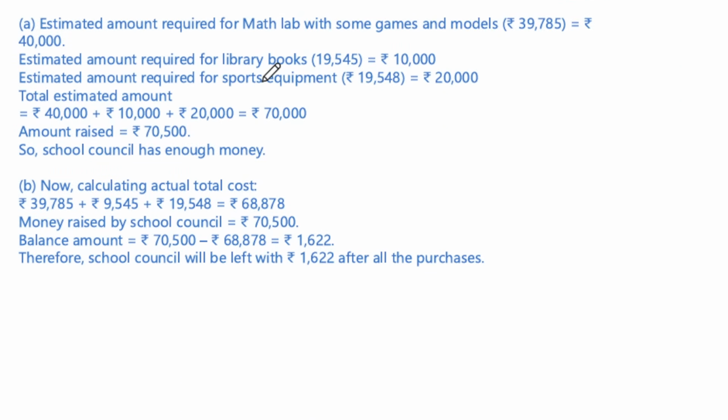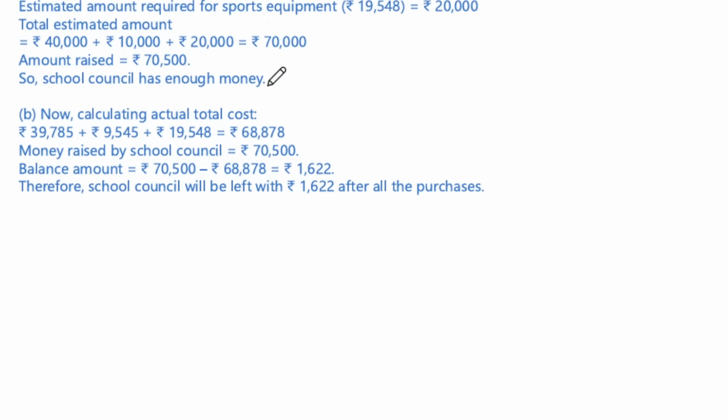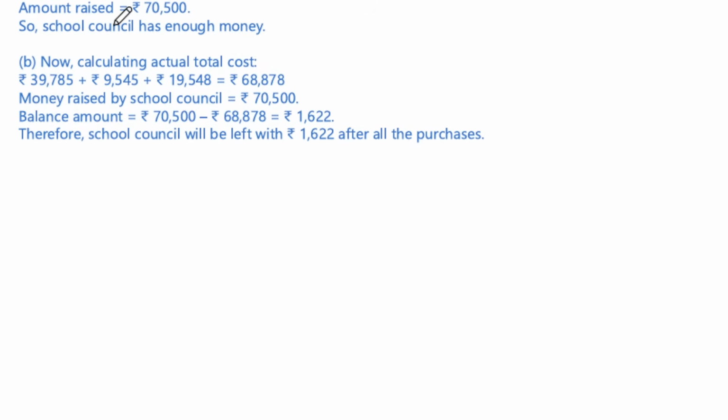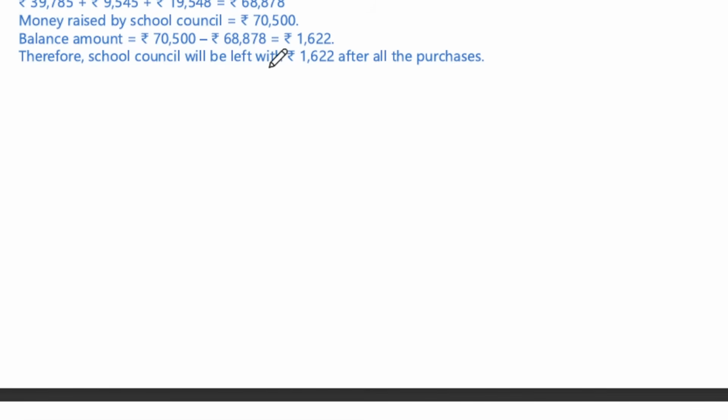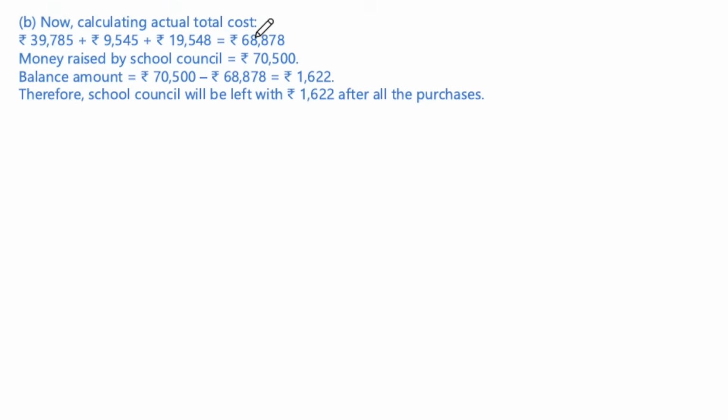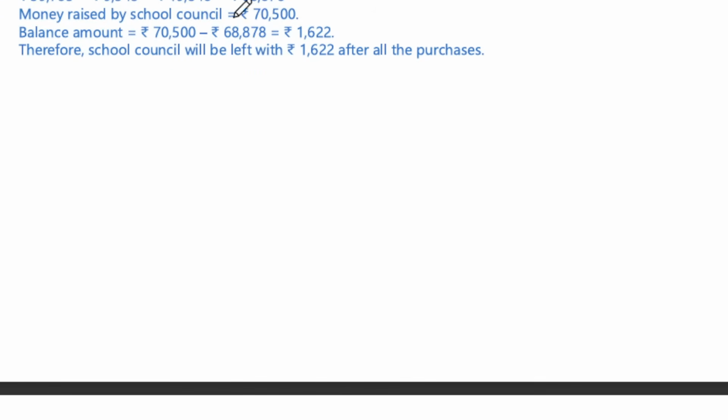So this one is the estimated, not the exact value. 19,545 is nearest value of 10,000, but we can skip this. We can directly go to the total estimated amount. Okay, this one, the calculation one, the B one. Okay, you can skip this one. Okay, you should have the step by step to get the answer.